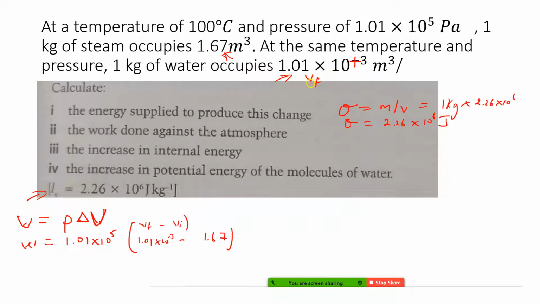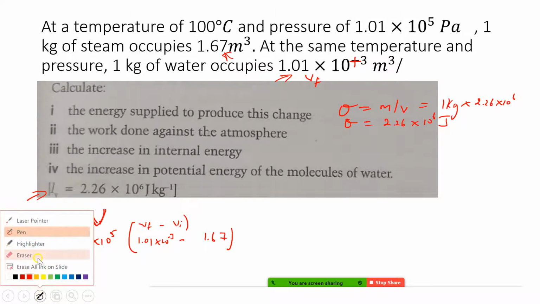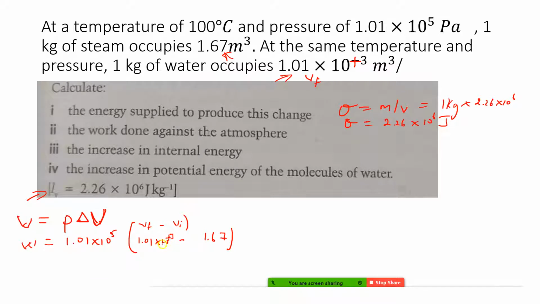So there are some issues with that book. Let's correct that then. I think there are some issues with the book. Right? So I believe this is what it's supposed to be.